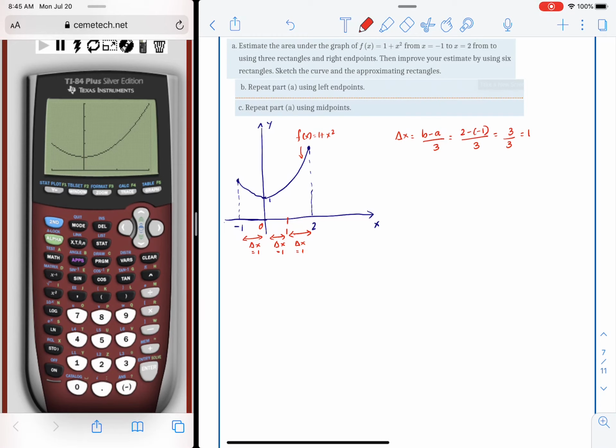So that would be my first rectangle. And you can see that the first rectangle is going to result in an overestimate.